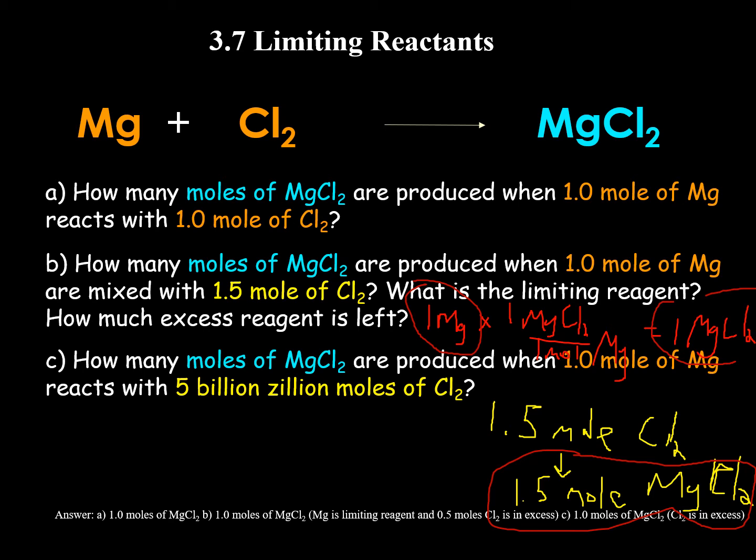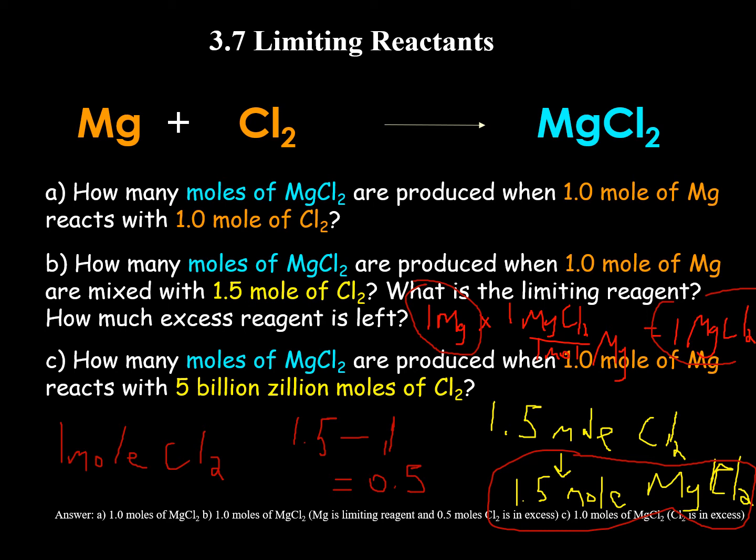If you make 1 mole of MgCl2, that will take up 1 mole of Cl2. How much do you have left over? You start with 1.5 minus 1 that you used up, which equals 0.5. So 0.5 moles will be left over, excess reagent Cl2.